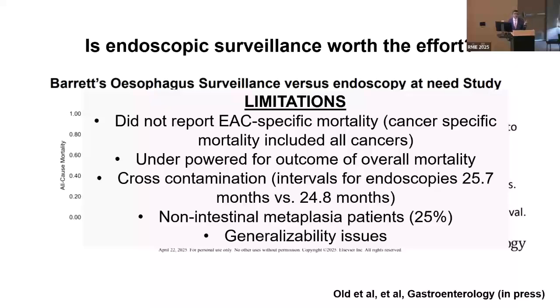Basically, there was no difference in how often patients were being brought back between these two arms in the randomized controlled trial. They also included patients that we would never enroll in surveillance programs in the United States. They had patients who did not have the true definition of Barrett's esophagus that requires the diagnosis of intestinal metaplasia, and there were several generalizability issues as well.